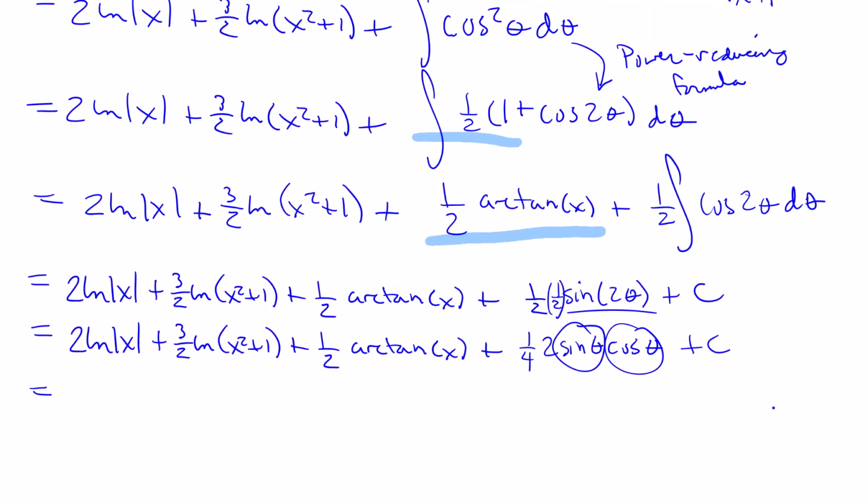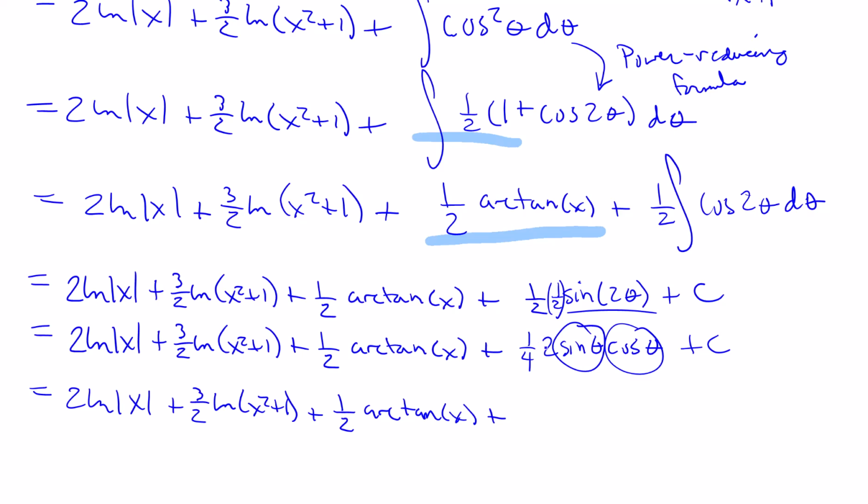So ultimately, let's see if we can put this all back together. We should have 2 natural log of x plus 3/2 natural log of x squared plus 1 plus 1/2 arctangent of x plus, okay, here comes the last substitution.